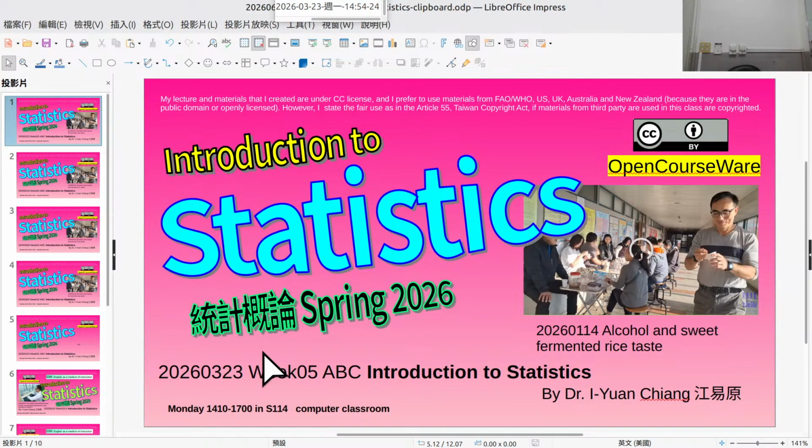But the variance is the squared value of it. Generally speaking, variance has a low frequency of use, and standard deviation has a higher frequency of use. So if you cannot memorize all the details, just memorize this one: standard deviation, because it's very close to the real distance.